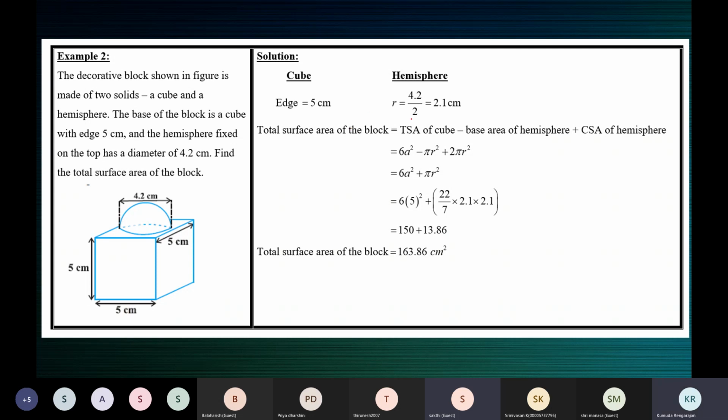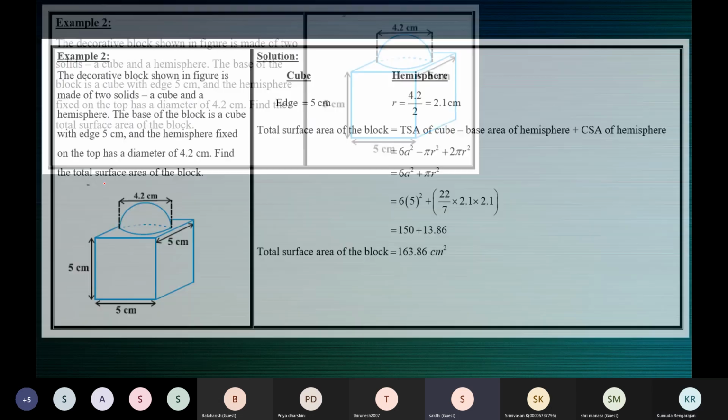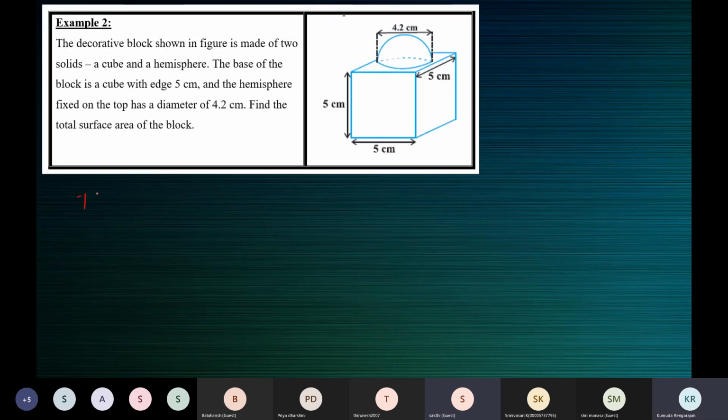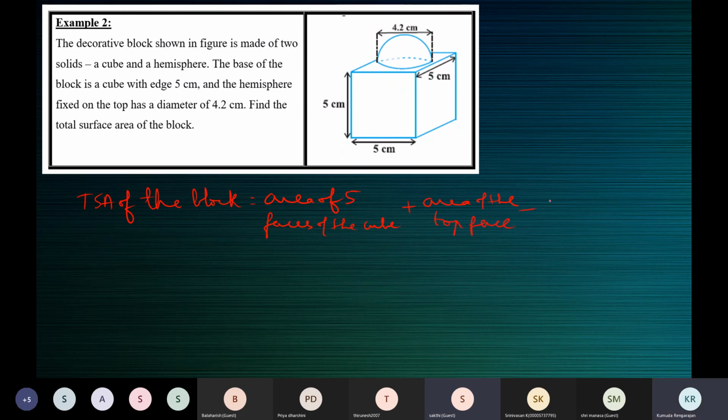If you like the earlier one, I can just write it here for you. You can write: TSA of the block is equal to area of 5 faces of the cube plus area of the top face minus area of circle plus CSA of hemisphere.